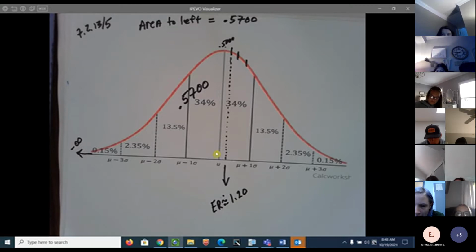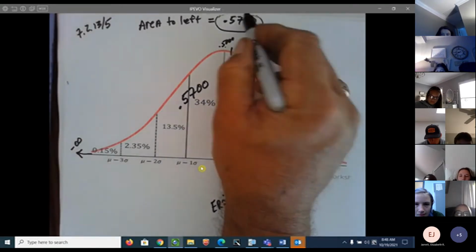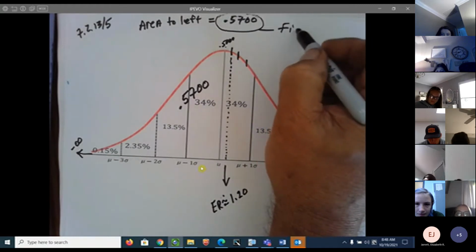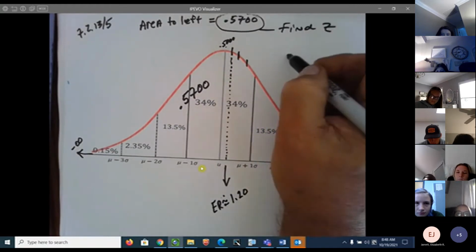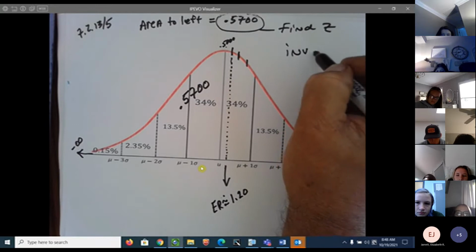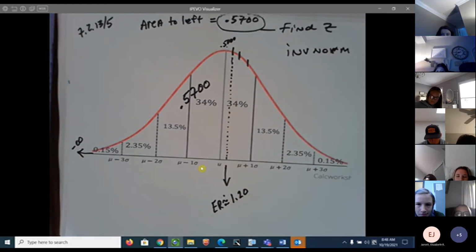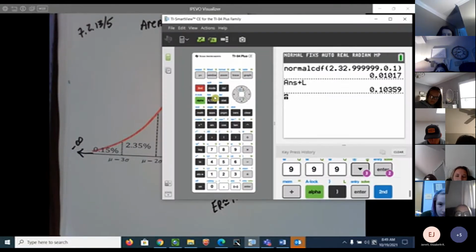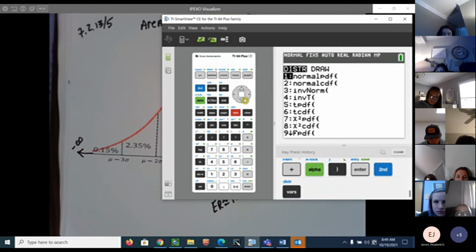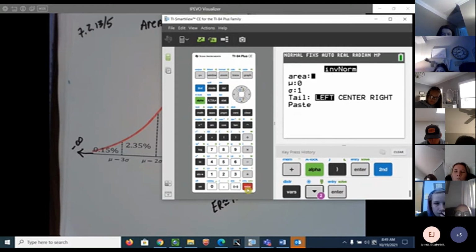Okay, so we don't know, so we got to calculate it. Since we're given an area, and we got to find a z-score, we need inverse norm. So second bars, inverse norm, and 0.5700.